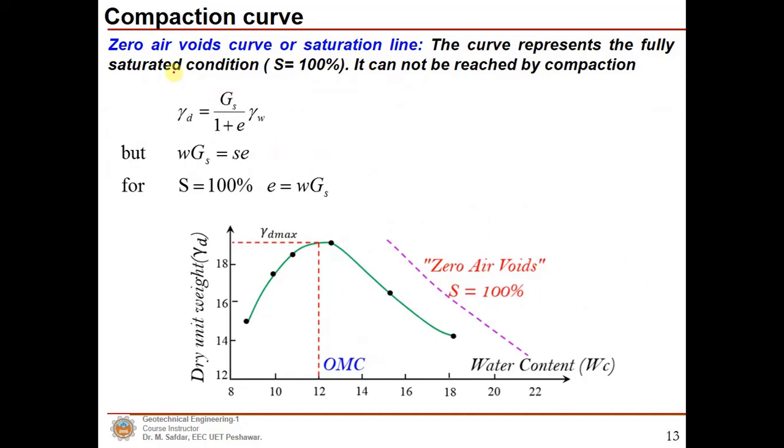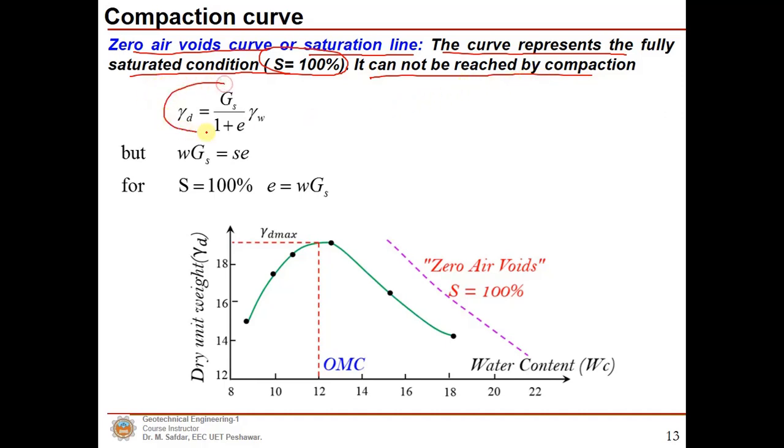Now there is a zero air voids curve, or a saturation line. The curve represents the fully saturated condition, S equal to 100%, the degree of saturation. It cannot be reached by compaction.